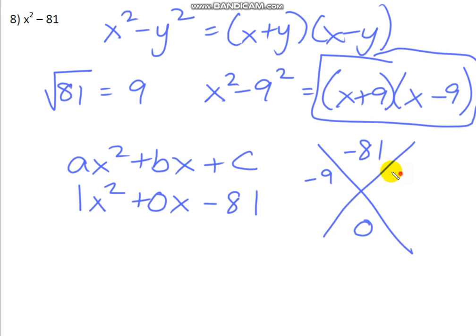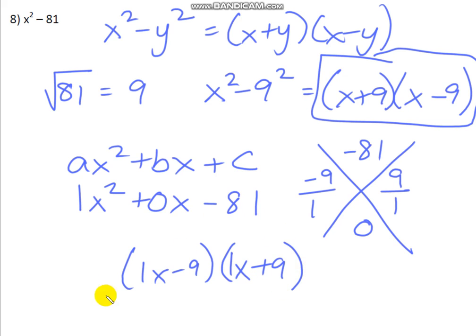Go through your list of numbers, that should be negative 9 and positive 9, because negative 9 times 9 is negative 81. Negative 9 plus 9 is going to be 0. Divide each of these numbers by the number that you see in front here, which is 1. So when you write out your factors, this is going to be 1x minus 9 and 1x plus 9. And as you see, this here is the exact same thing as what we have there.